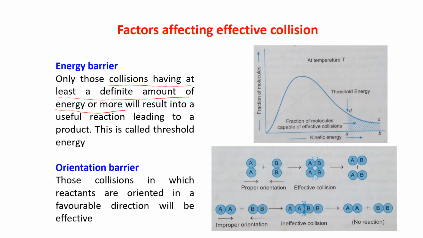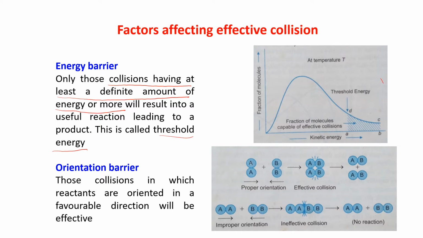When the reactants after collision cross that energy barrier, then they will go to the product side. And this energy is known as threshold energy. This is a new term and a very important term, threshold energy.